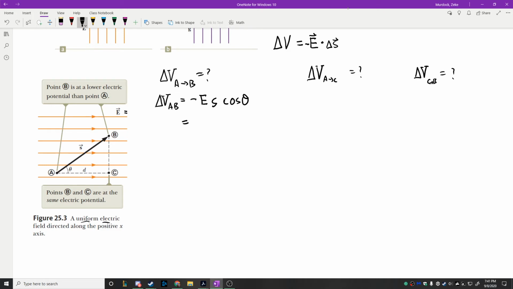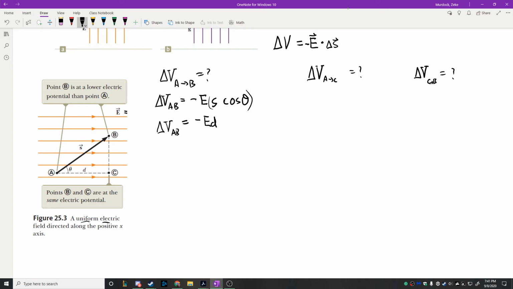But S cosine theta, if you look at the picture, is equal to D. So you end up getting negative E times D. That's our answer: delta V between points A and B is negative ED. Point A is at a higher potential than point B.